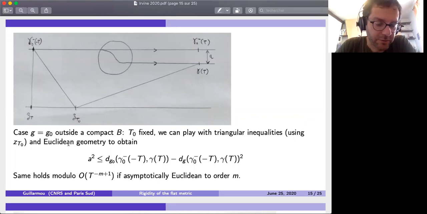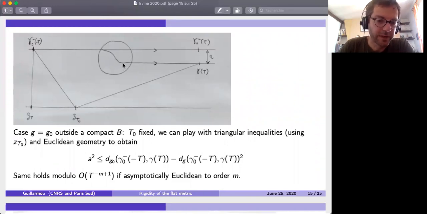What can be shown, using things like triangular inequalities and a bit of Euclidean geometry, is that you can bound the square of A by the Euclidean distance between this far left point on the Euclidean line gamma 0 of minus t, that is d_{g0}(gamma 0(-t), gamma(t)), where gamma of t is this point on the geodesic gamma far in the future, minus the same distance but with respect to the metric G.